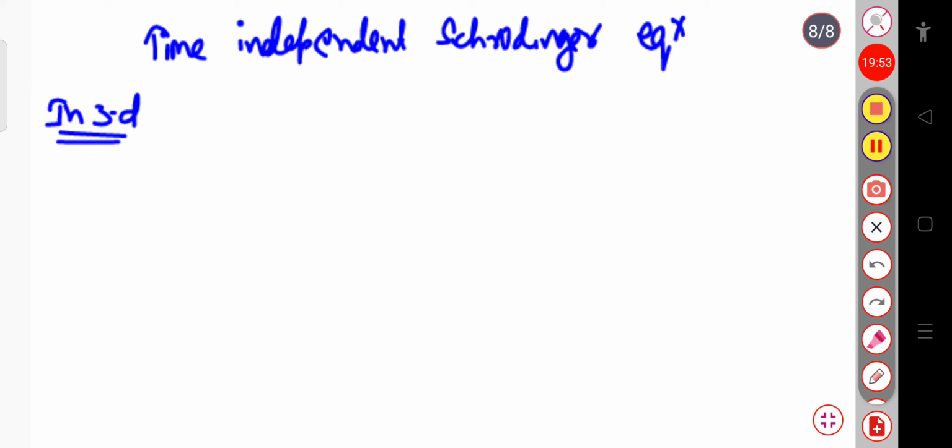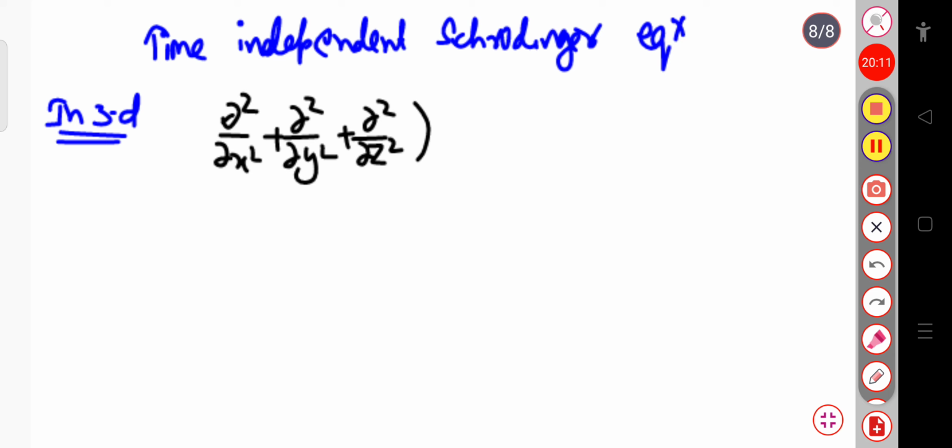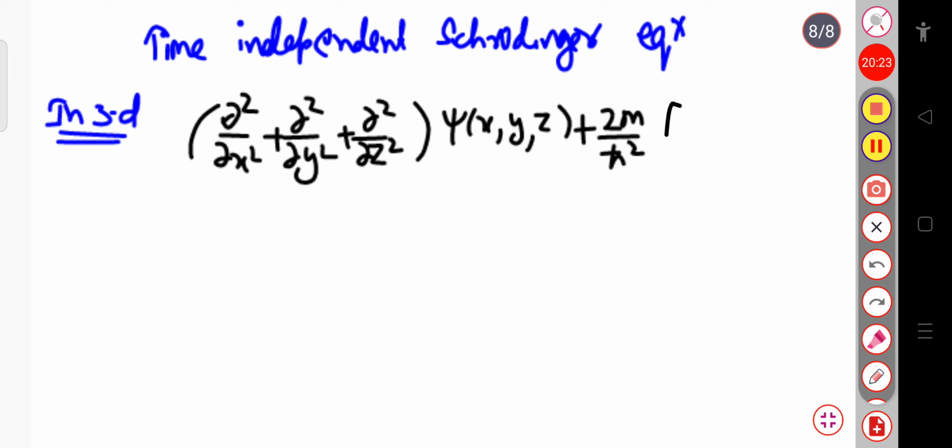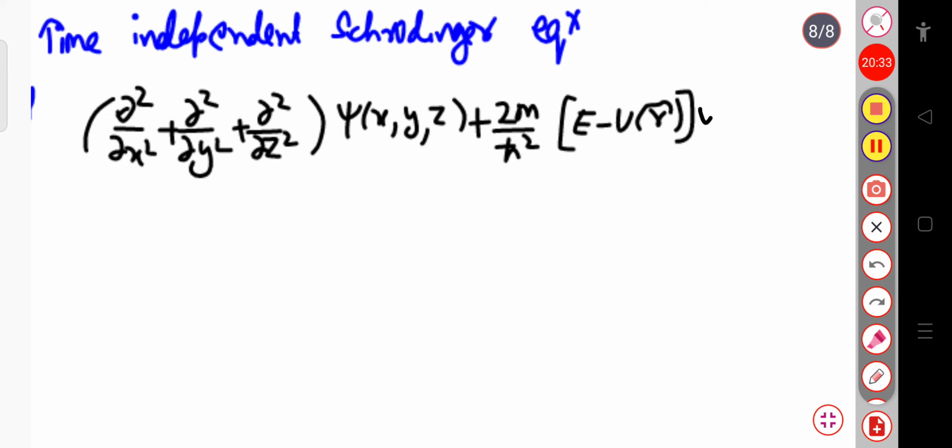In place of ∇² I will write ∂²/∂x² plus ∂²/∂y² plus ∂²/∂z², this whole into ψ(x,y,z), plus 2m/ħ² into (E minus U(r)), this whole into ψ(x,y,z), that is equal to 0.